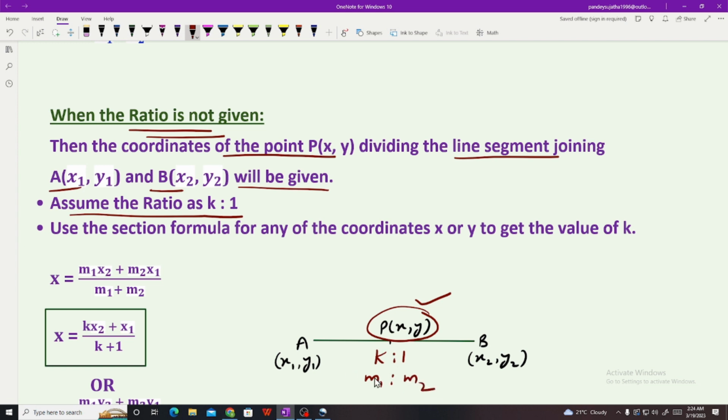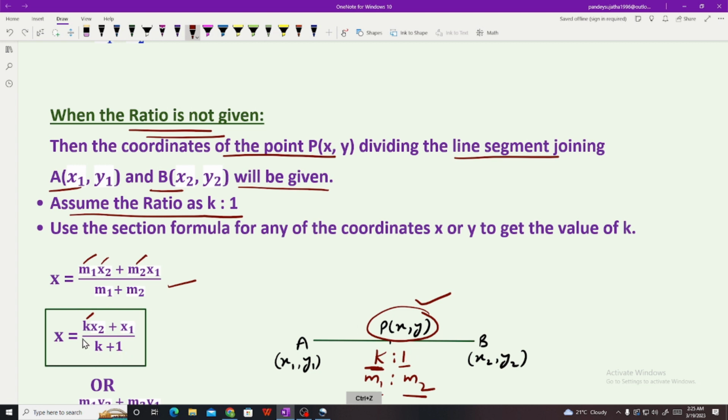So if I replace the value of k is to 1 in place of m1 is to m2 in the section formula, then just see, in place of m1, if I replace m1 with k, then here it will be kx2, plus in place of m2, if I replace that with 1, then it is 1 into x1 is x1, and in place of m1 it will be k, and in place of m2 it will be 1. So it is k plus 1.